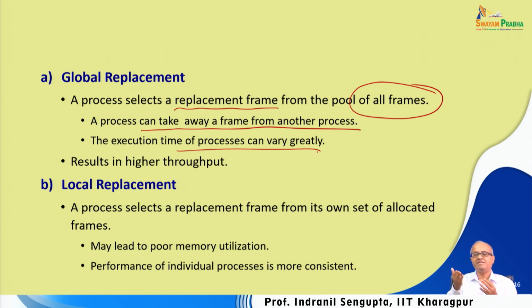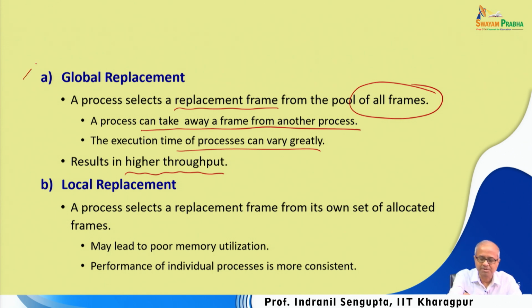Now your time may be t2, which is much greater than t1. So, your execution time can vary greatly. But the advantage is that because you are able to take away frames from other processes which possibly may not be using them, in general it can result in higher throughput. Your process will be running faster.